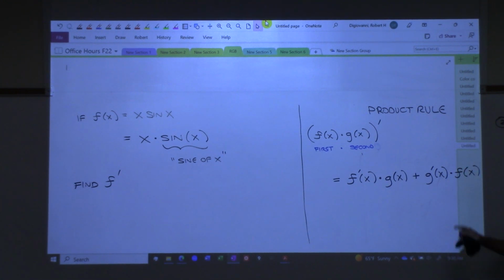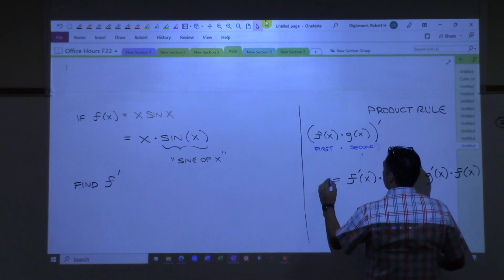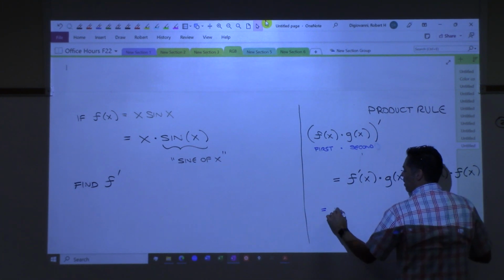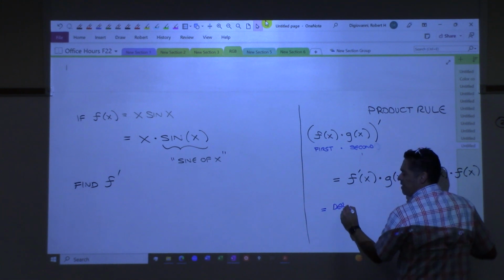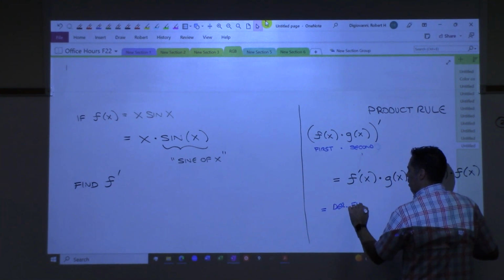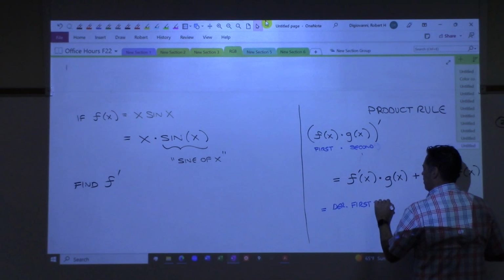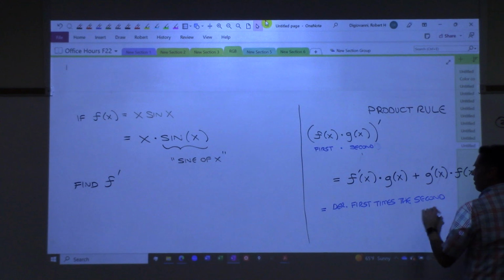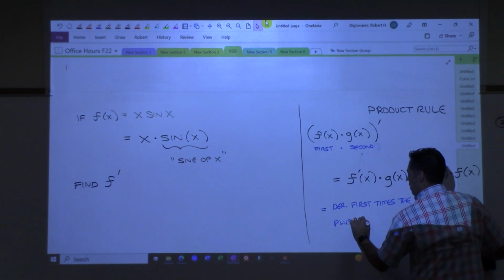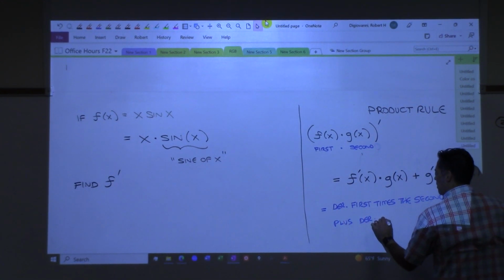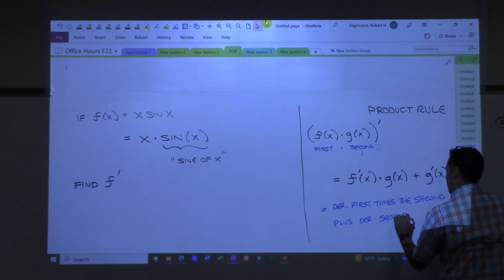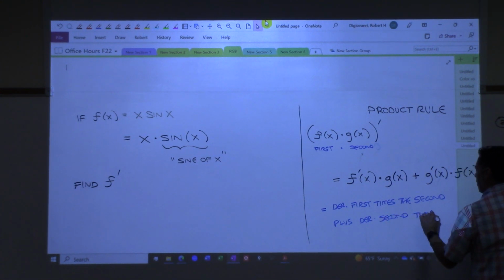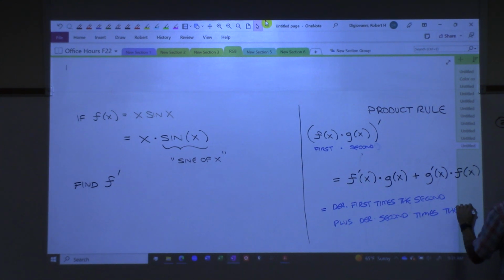Another way you could look at the product rule verbally then would be that the derivative is equal to the derivative, I'm going to put DER for derivative, the derivative of the first times the second plus the derivative of the second times the first. You're going to hear me say this a lot.